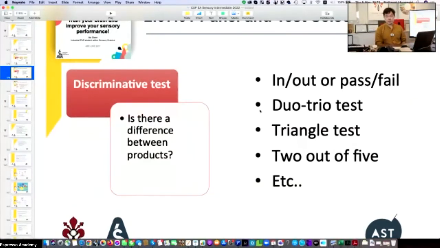When we do triangulation, that is a discriminative test. Is there a difference? A duo-trio test, or in-or-out test, or 2 out of 5? What is the difference? Can you find the difference? That is one of the tests you can do to check if they can be qualified to be part of the panel.